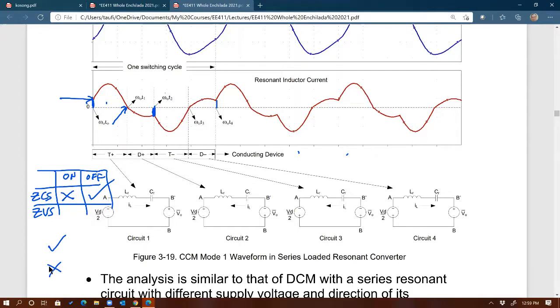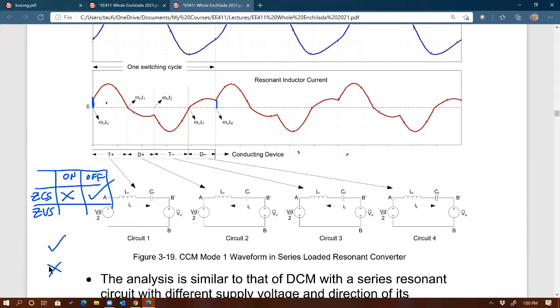Okay, how about ZVS? Let's do it at turn off first. Is it a yes for zero voltage switching at turn off? Yes. Why? Because when the switch is conducting, you have 0 volts at T minus, and then when the diode is conducting, you have 0 volts also because they're in parallel. Very good. Not just any diode, but the diode across it, the diode in parallel.